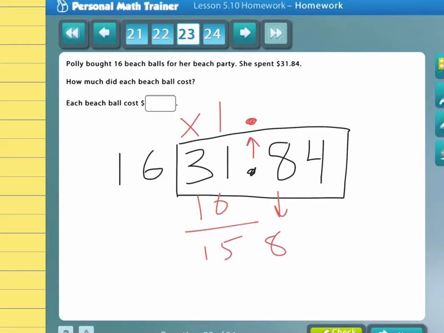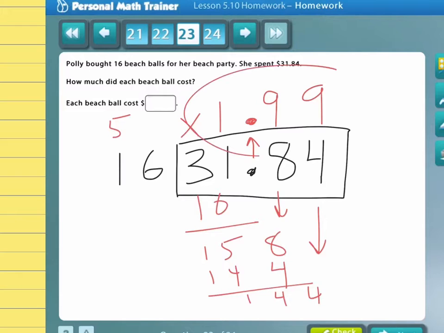So now we have 158 tenths. 16 will go into 158 tenths 9 times. 9 times 16 will be 144, so that's going to leave you a difference of 14 tenths. Bring down the 4. 144 is what's left over. Those are hundredths, and it will go in to that 9 times. So each beach ball is going to cost $1.99.